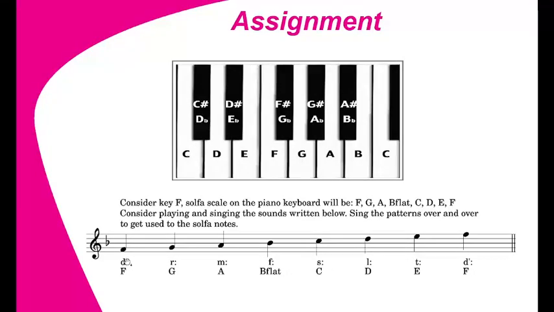But when playing, we shall play F, then G, then A. Instead of playing B, we shall play B flat because we have a flat on B, and then we continue.